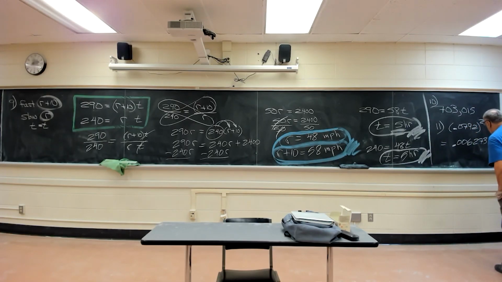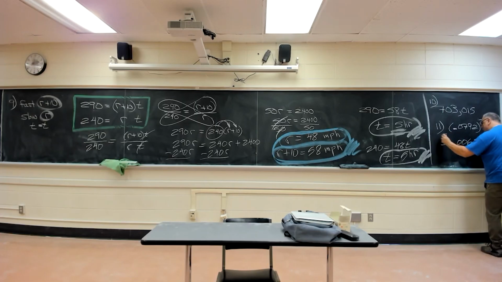But I could maybe actually do something. 0.0792 squared, and what you're getting is, before you do the round off, you're getting 0.00627264.